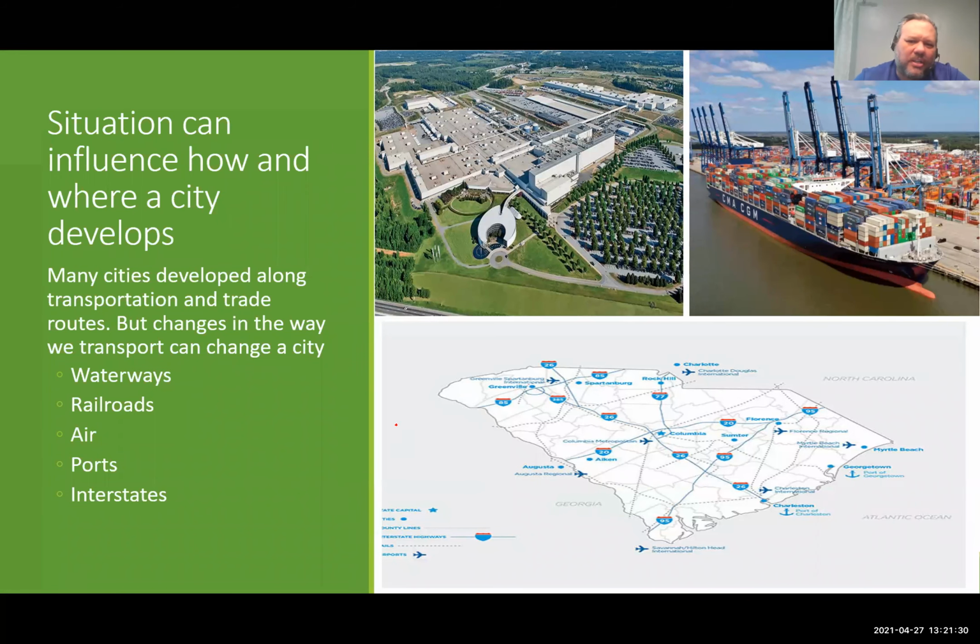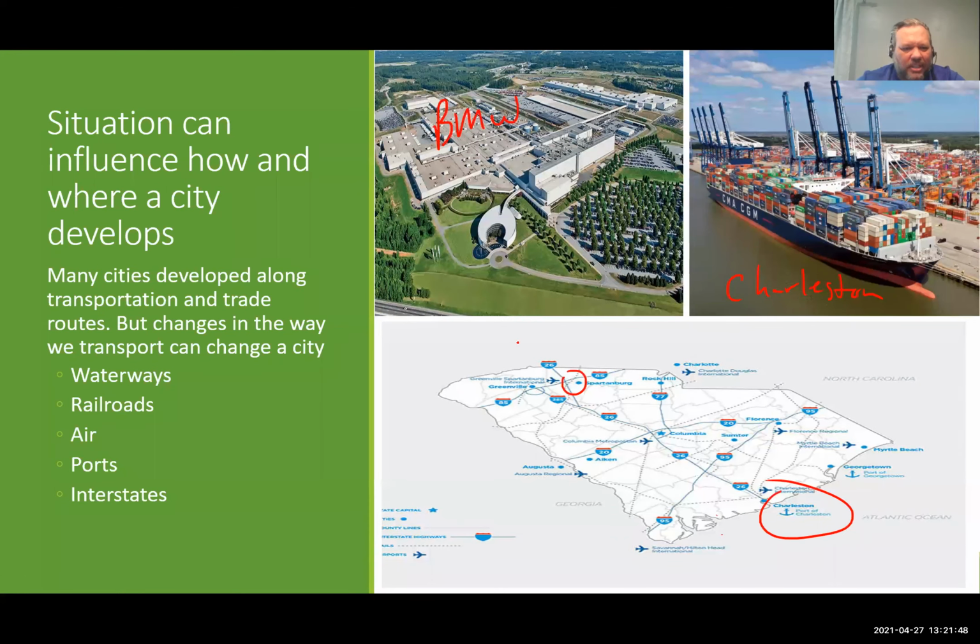All right, so here's another example of how situation can influence how and where a city develops. So again, coming back to our old friend, the BMW factory, and this is in Spartanburg, and this is the port in Charleston, which is here.